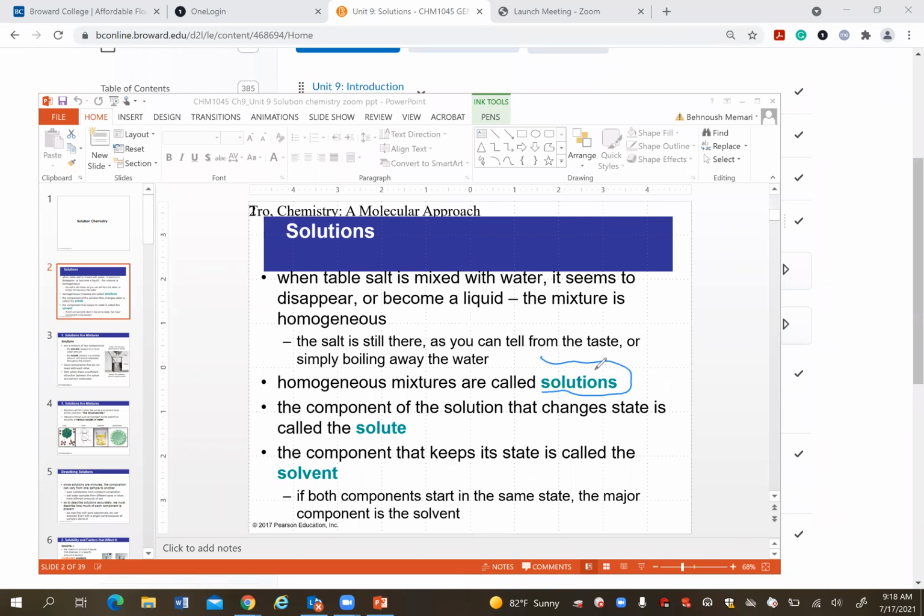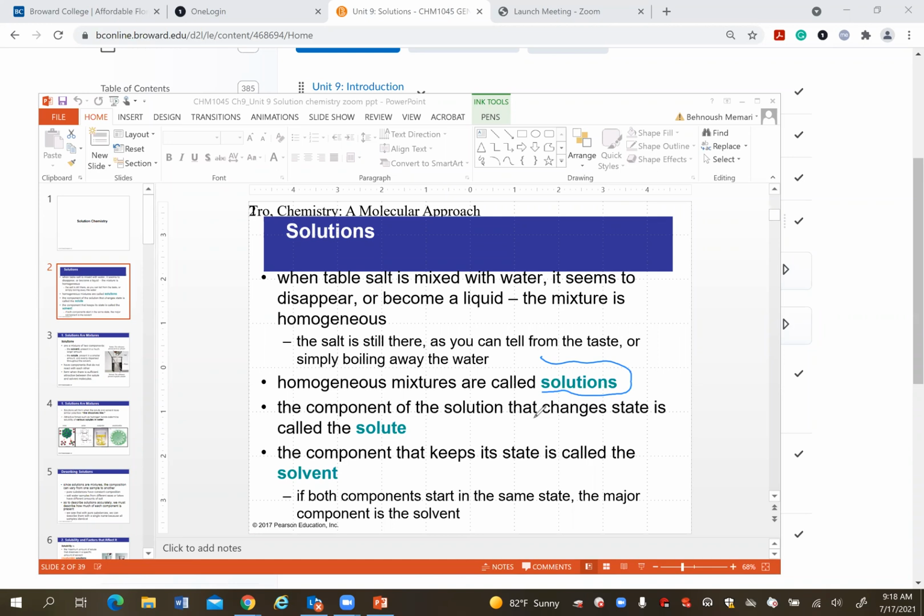A solution can be solid in liquid, can be liquid in liquid, like when you have ethanol in water, that is a liquid in liquid solution. If you have vinegar in water, that's liquid in liquid. You could have gas in liquid. Can anyone give me an example of gas in liquid?